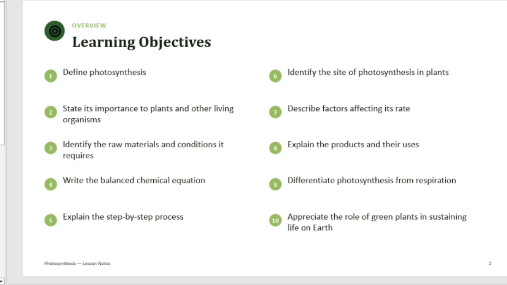They should also describe the factors affecting the rate of reaction, explain the products and their uses, differentiate photosynthesis from respiration, and appreciate the role of the green plant in sustaining life on earth.